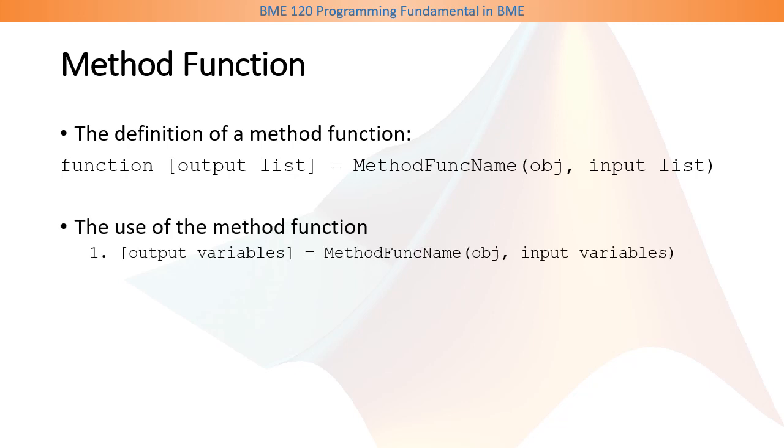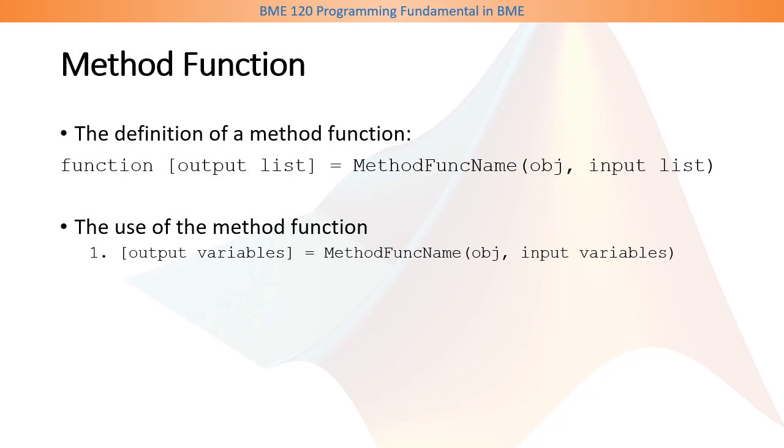If you want to use a function, there are two options. The first option is the regular use of a function. Here you have the output variables to hold the output data, and then you will supply the data object to which the method belongs, and then the input variables.